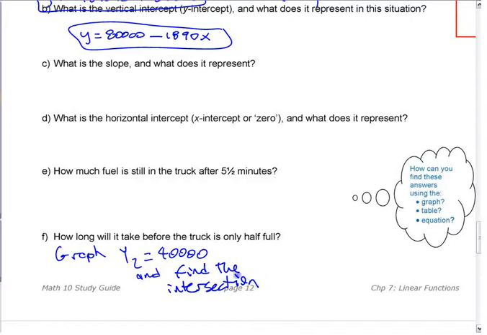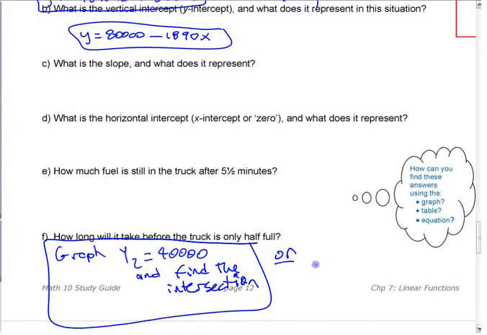Okay, find the intersection. You could answer some of these questions without using the calculator. This is the graphical solution on the calculator. You could do it by just substituting numbers, right? Or sub y equals 40,000 into the equation and solve.